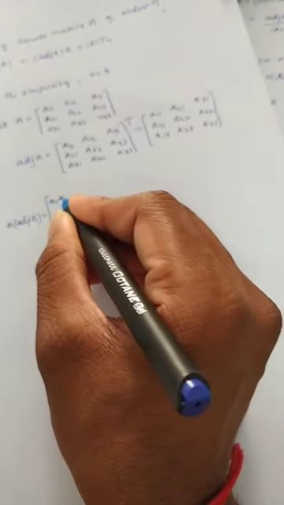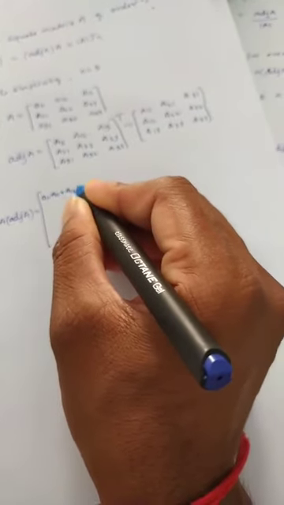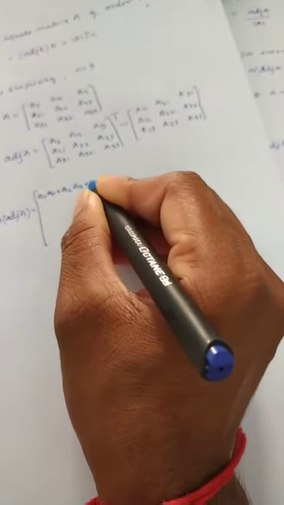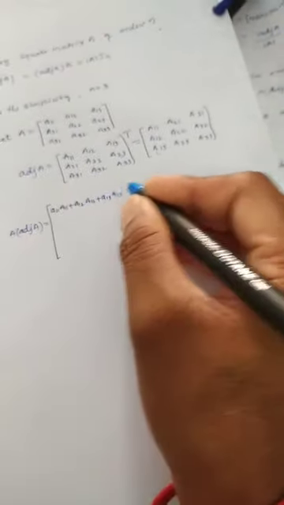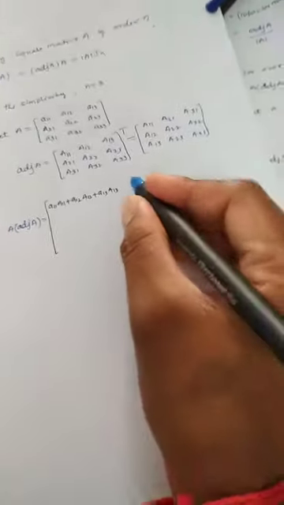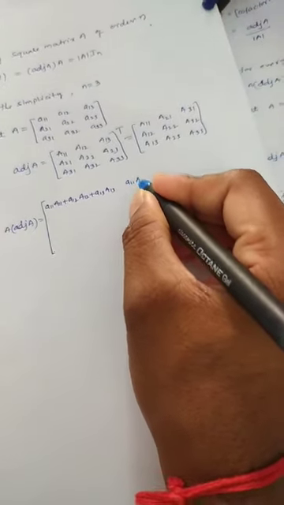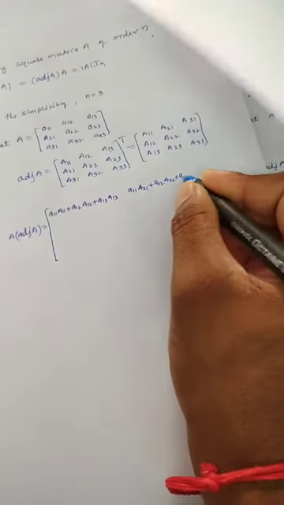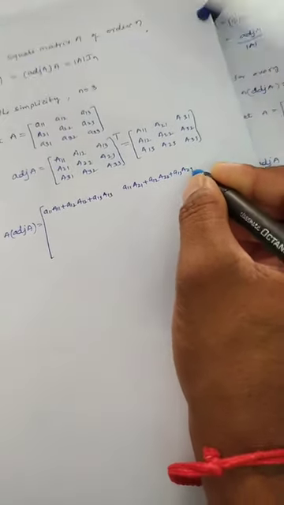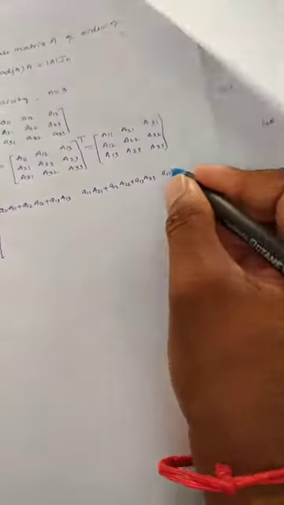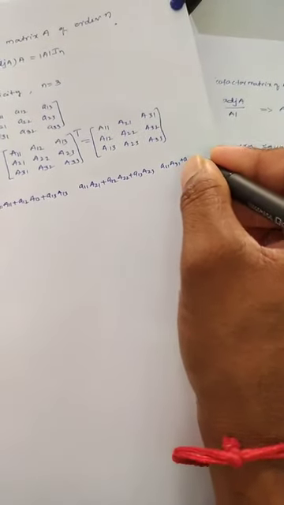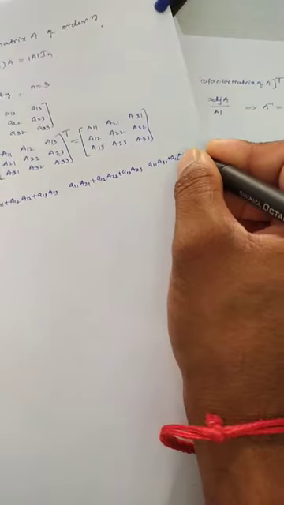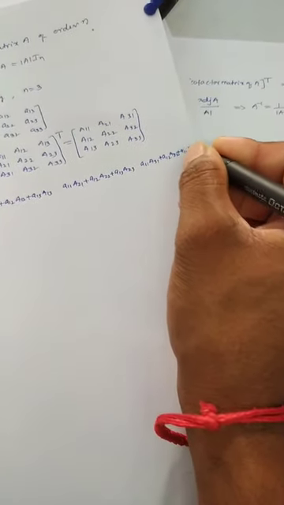First row into first column: the first element will be a11 A11 plus a12 A12 plus a13 A13. Second element: first row into second column, a11 A21 plus a12 A22 plus a13 A23. Third element: a11 A31 plus a12 A32 plus a13 A33.